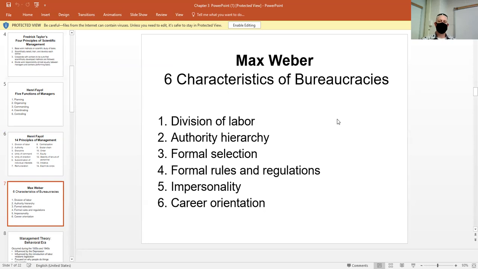Six characteristics of bureaucracies. What's a bureaucracy? Somebody gonna Google it too? A system of government in which most of the important decisions are made by state officials rather than by elected representatives.